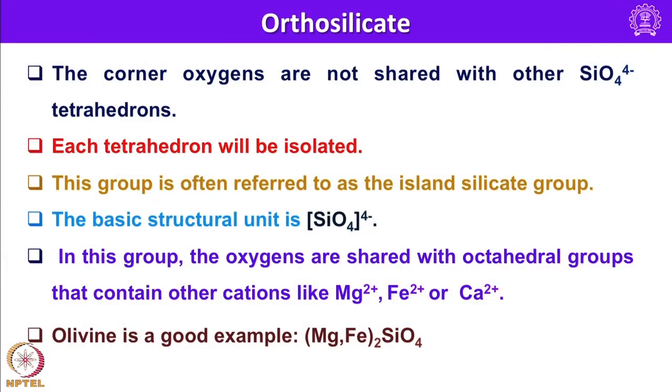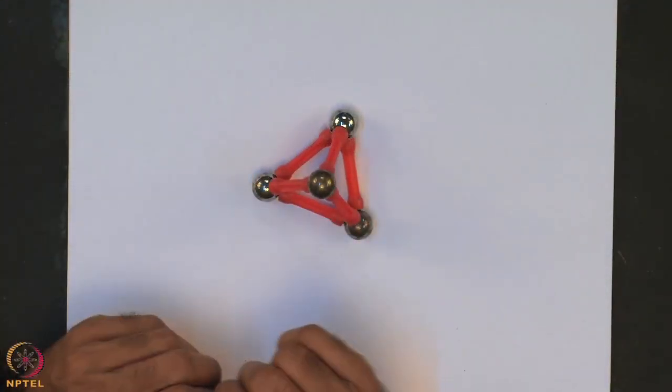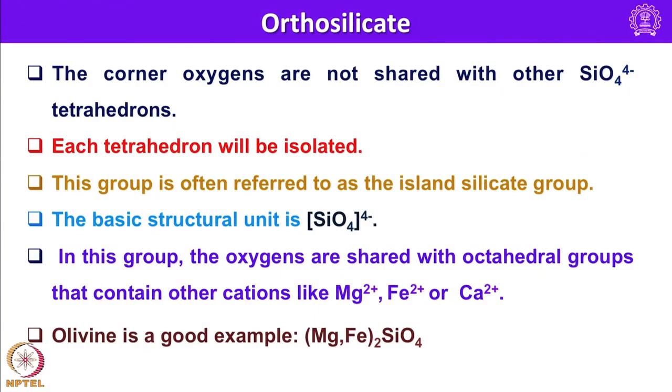The corner oxygens are not shared with others in the case of orthosilicates; they are discrete, having this kind of independent units. Each tetrahedron is isolated. This group is often referred to as the island silicate group, because it does not have any linkage with neighboring groups.